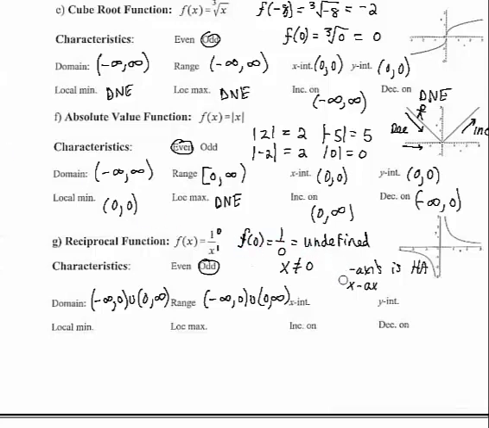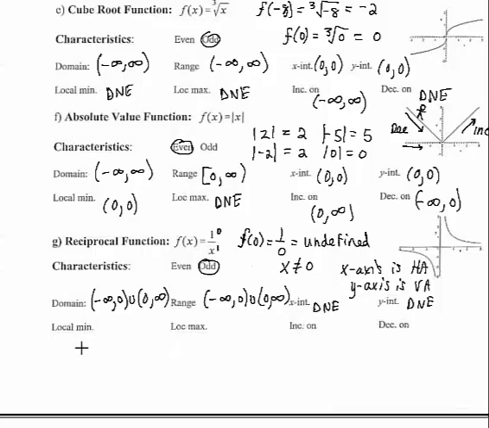Now, asymptotes are never crossed, so there is no y-intercept. With a rational function, you can actually cross the x-axis, but not in this case. That doesn't happen. So we do not have an x-intercept either.